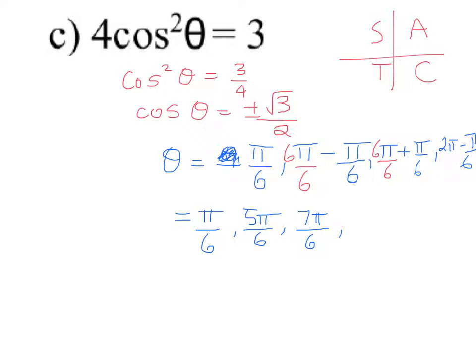And in the fourth quadrant, change that to a 6, times that by 6, you get 12 pi. So you will get 12 pi minus 1 pi is 11 pi on 6. So there's our 4 solutions. The indicator that you got 4 solutions is when you've got a question with a squared in it. You've got to take that plus or minus, which gives you all 4 quadrants, so 4 solutions.